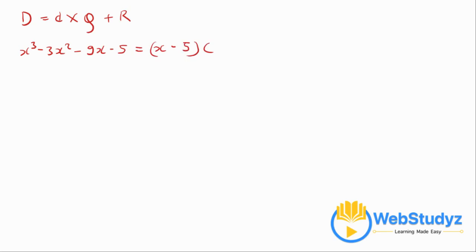Now we know that the formula is dividend equals divisor into quotient plus remainder. So putting the values here, we get the dividend is x cube minus 3x square minus 9x minus 5, which should be equal to divisor x minus 5 and quotient x square plus 2x plus 1, plus remainder 0.